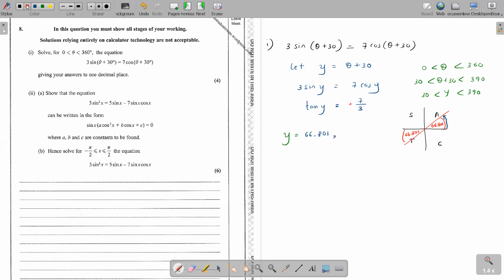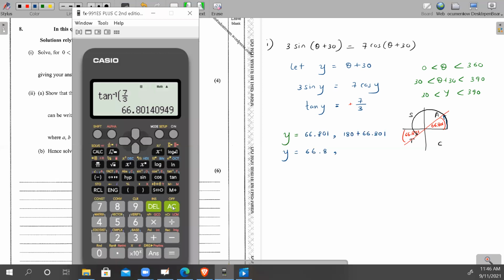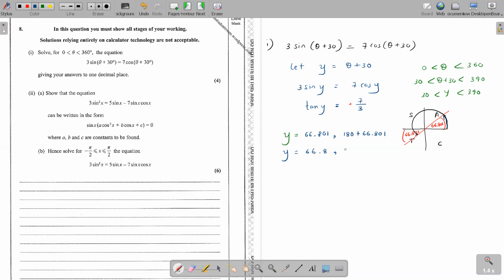And when you keep on going, you get the next answer, 180 plus 66.801. Right, this is to 1 dp, so 66.8. So the next answer is 180 plus 66.801, which gives me 246.8. So these are the answers correct to one decimal place.